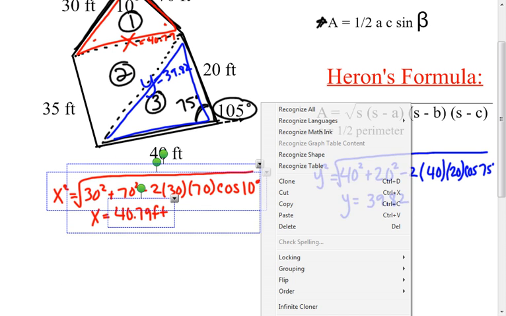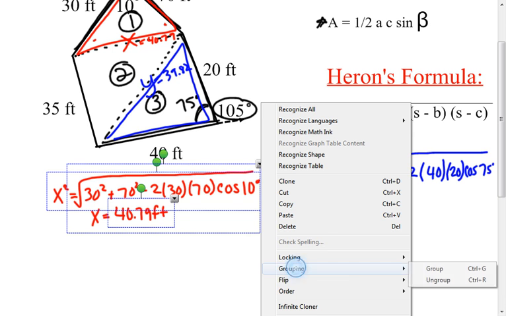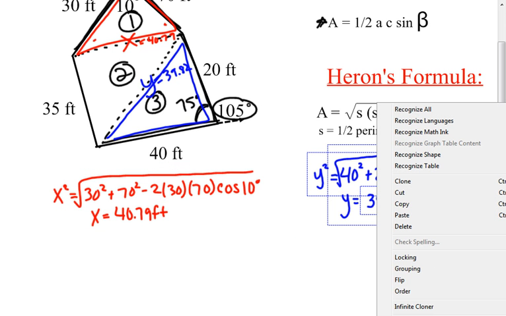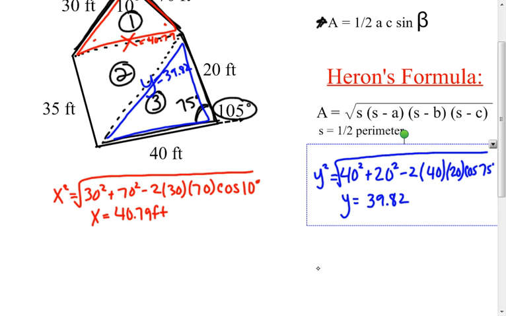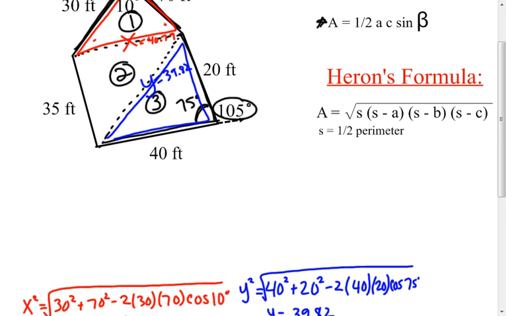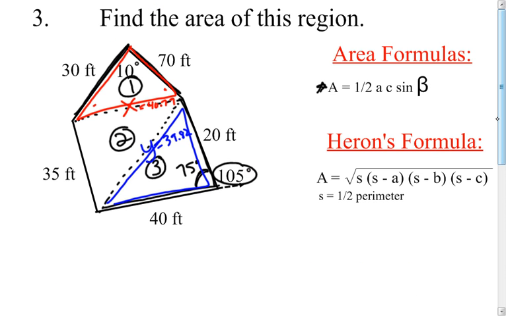I'm going to group these first. All right, I am going to just move these guys out of the way. Okay, here we go. Now I need to find triangle 2. So that's this triangle right here. You're going to need to use Heron's formula for it.